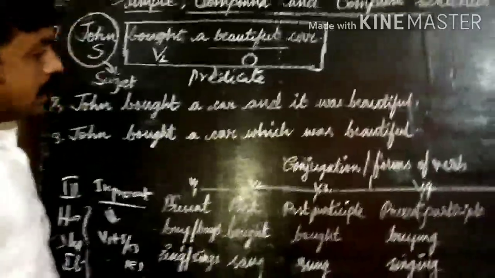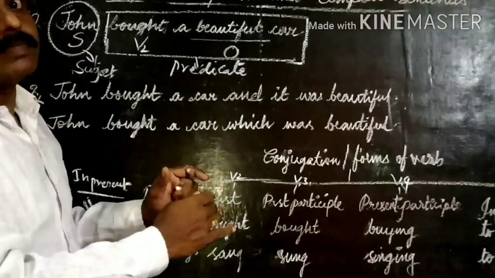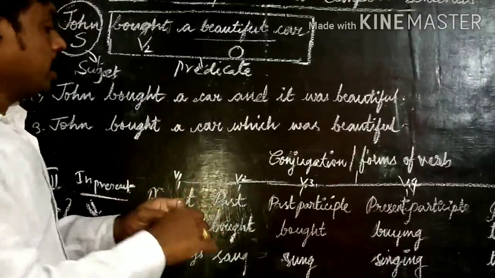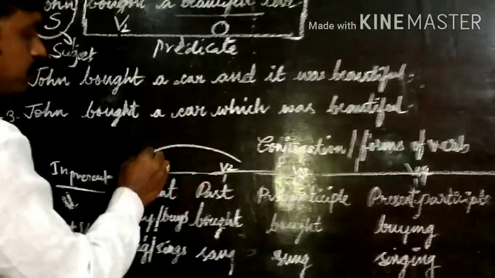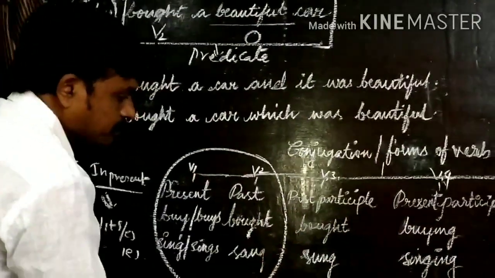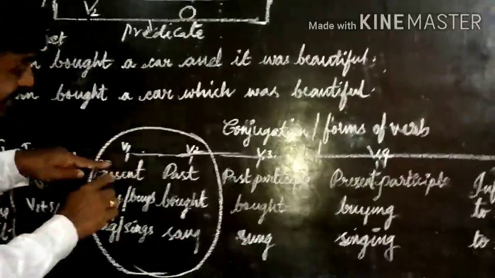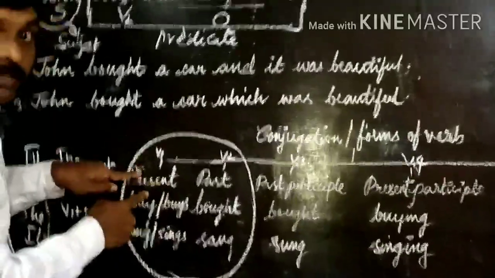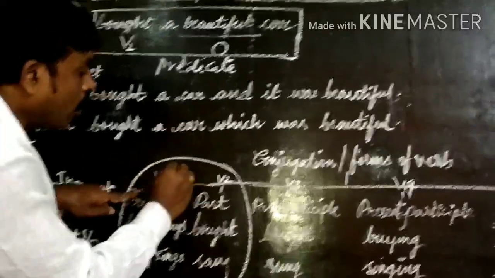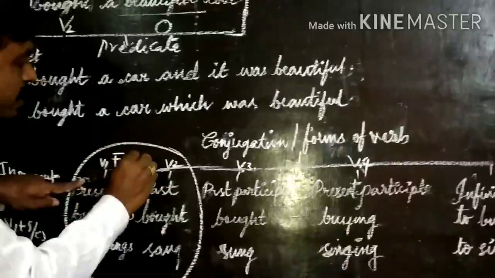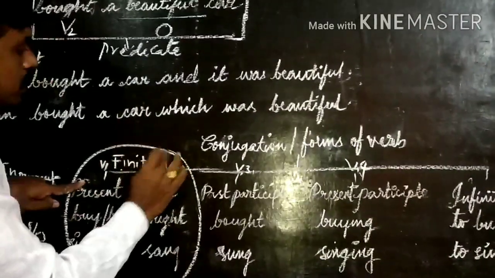These five forms, on the basis of these conjugations, further divide the verbs into two kinds. V1, V2: the present and past forms of the verbs, observe carefully, are called finite verbs. Finite verbs.